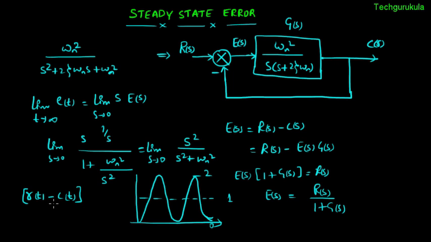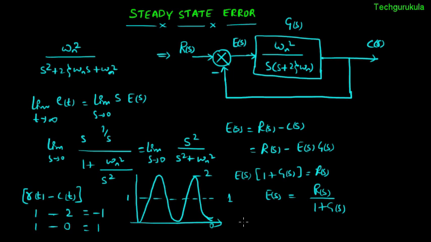And if you see, R of t is always 1 and C of t can have a value of 2 or 0. If I substitute here, for R of t 1 and C of t 2, we can have -1. When R of t is 1, C of t is 0, at an extreme value, we can have 1.